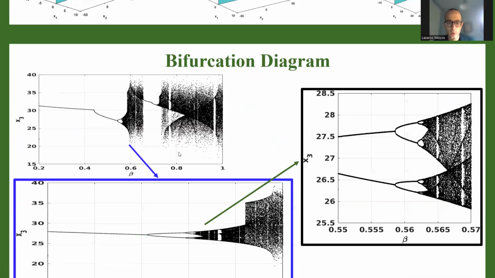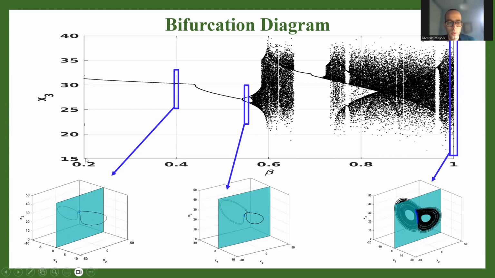It tells us that for all these values of beta here, from 0.2 to 0.50 something, we only have one intersection with the given plane. So you can understand that here I have only one value in the bifurcation diagram. What it signifies is that for this parameter value, the trajectory is periodic with period 1, because I have only one intersection with a given plane. And this point right here, the x3, is what I plot here, okay?